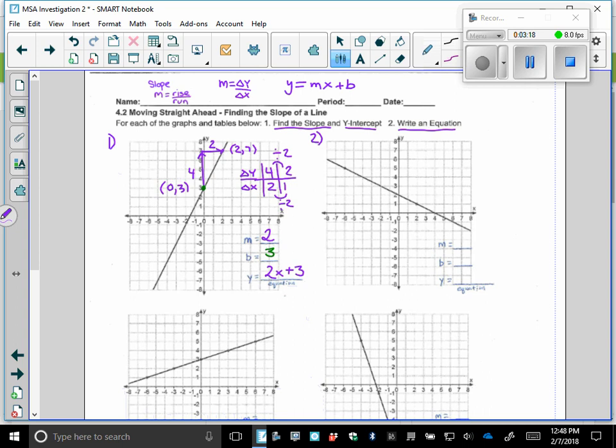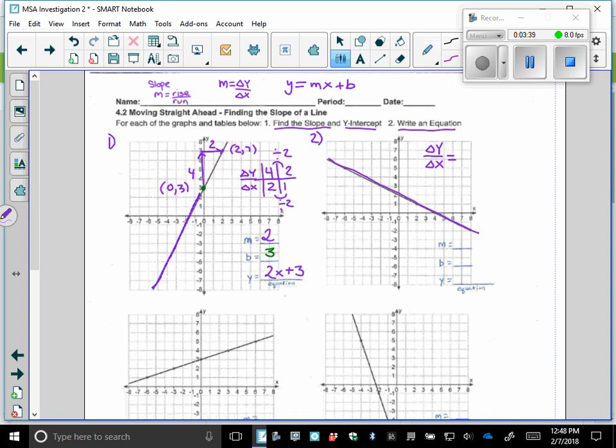We're going to repeat the process, but when we do change in y over change in x, we notice that reading left to right, this is like a downhill slide, versus reading left to right here, you're going uphill.